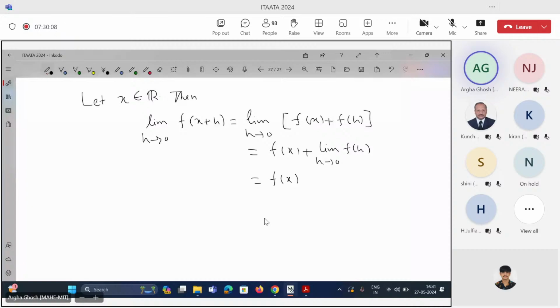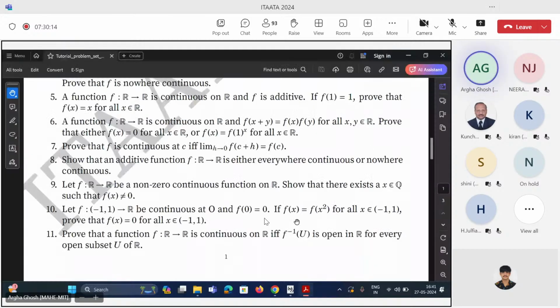Okay, by the way, it's not included over here. So try to get some data from the fact that, let's say, f of x plus y is f of x into f of y. In this question we have f of x plus y is f of x plus f of y.